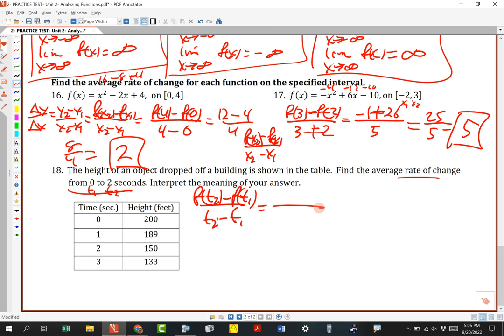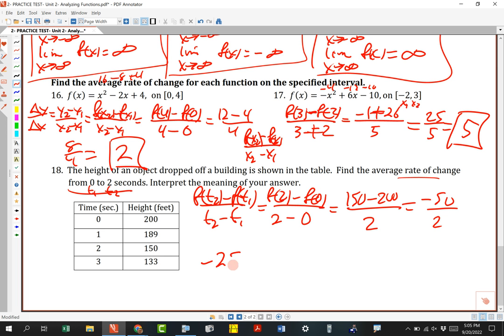We're going to do a 2 minus 0 on the bottom, and on the top, this is going to be f of 2 minus f of 0. So that's a 2 on the bottom. And then on the top, I have f of 2, that's going to be 150, minus f of 0, that's 200. And then I end up with a minus 50 over 2, which ends up being negative 25.